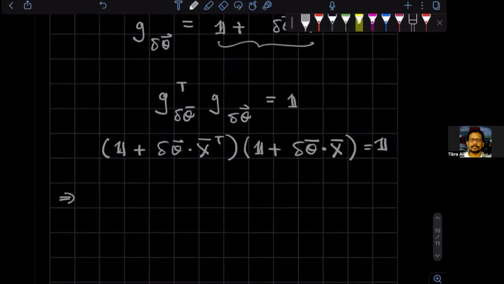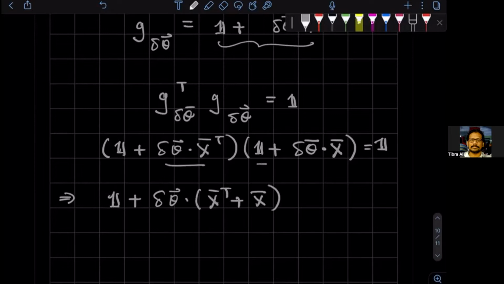Now, this equation is satisfied up to linear order in theta. So on the left side, we have delta theta dotted with x transpose plus x. It's this term multiplying this term and this term multiplying this term. And then we have a term multiplying this term and this term, but that term is going to be of order delta theta squared.